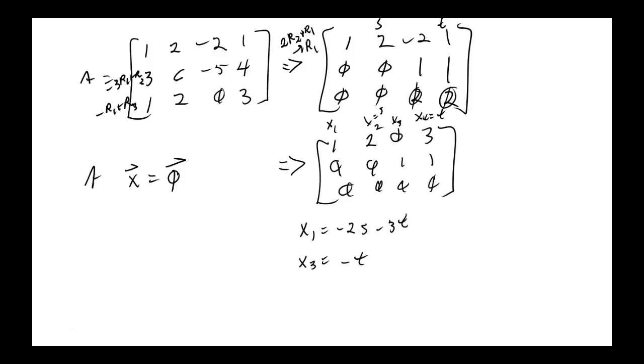So your trivial case is always included. Even if this had been a 4x4 and you had the identity matrix, then all 4 of them would be zeros. That would be included there too.